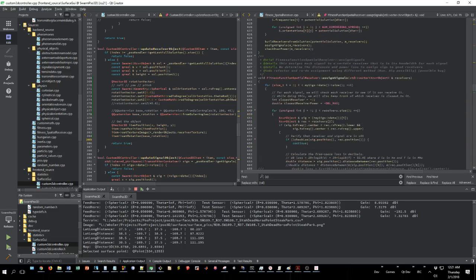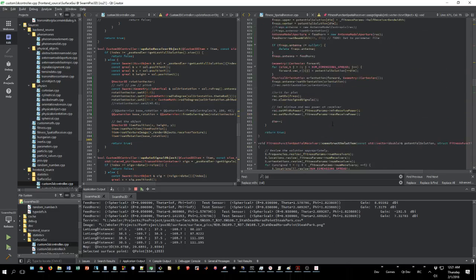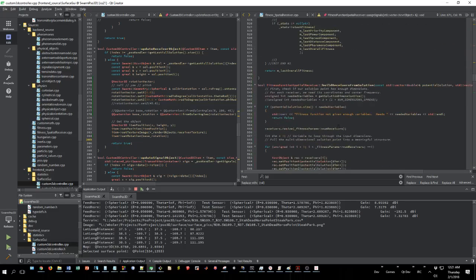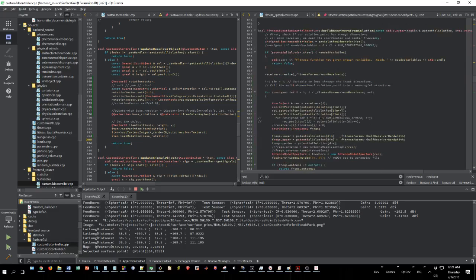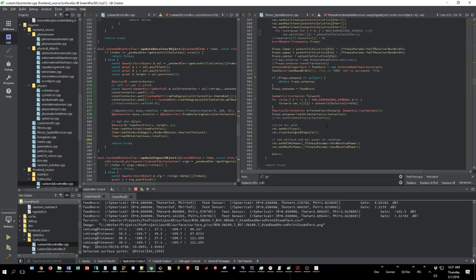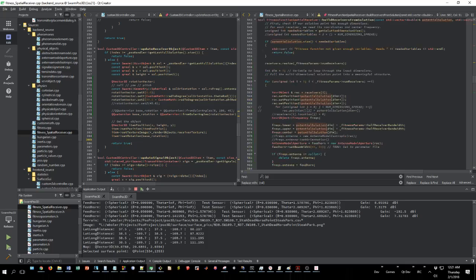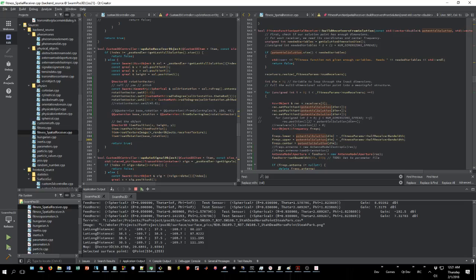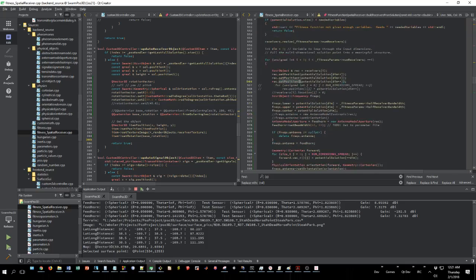So for the past 3 days, I've actually been working on getting that directed antenna built into the project, and it really didn't take too much work on the fitness and the PSO side, because all I had to actually do was increase our dimension spread. And so our potential solution here gets the transceiver object, sets X, sets Y, sets Z, and then sets the frequency.